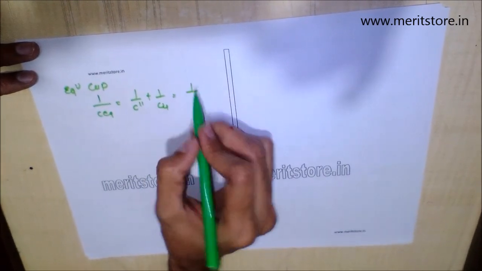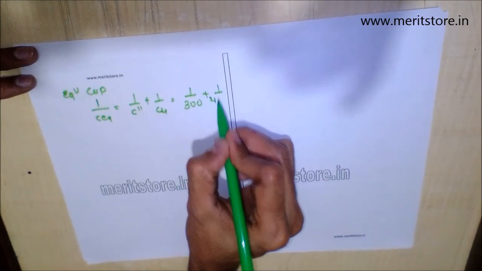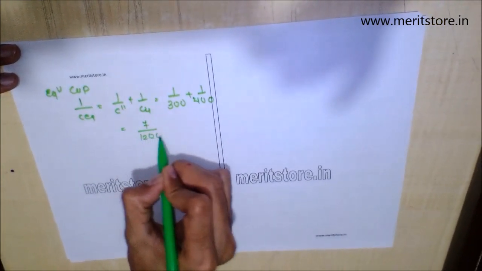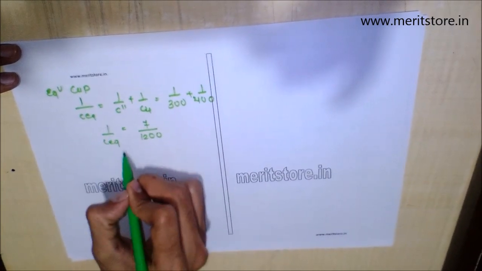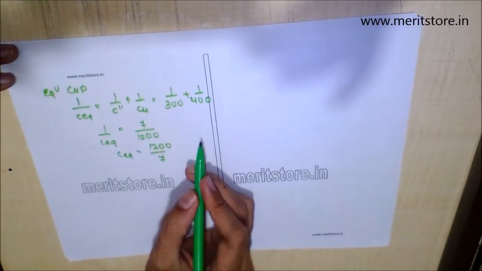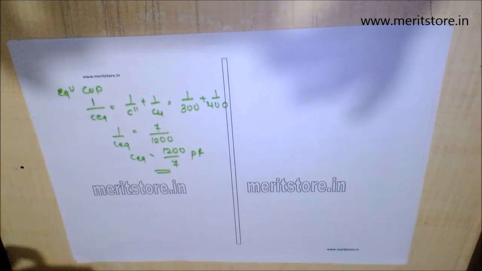So 1 upon C double prime equals 300 plus 1 upon C4 is equal to 400. So that gives you 7 upon 1200, that is 1 upon C equivalent. So C equivalent becomes 1200 upon 7, that is the total capacitance in picofarads of the capacitor.